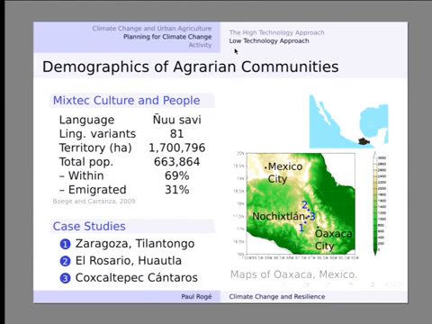And where I was working was about an hour and a half away from there in the north, in a higher elevation area called the Mixteca Alta. And I worked with 3 communities there. I basically lived with them for 3 years and did all sorts of activities.